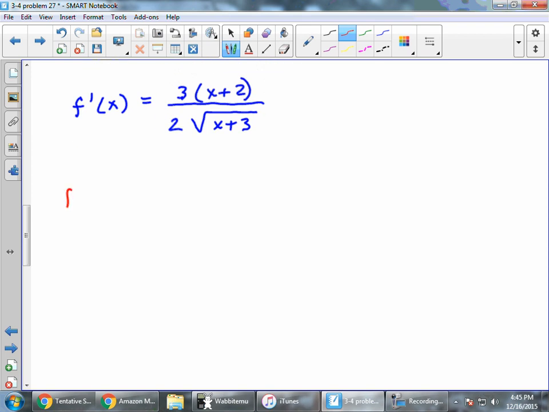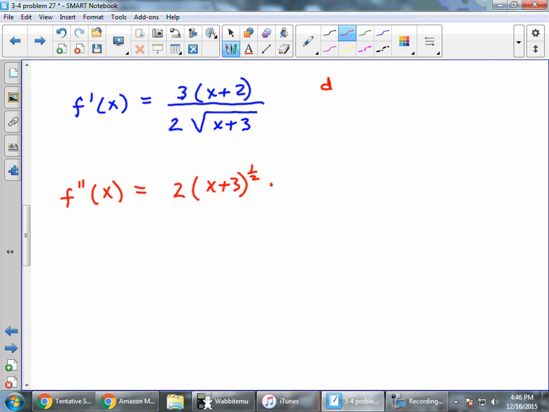Okay, so the second derivative now of x equals the denominator 2, and you can either express it as the square root of x plus 3 or x plus 3 to the 1/2, whichever you're more comfortable with. It really doesn't matter, times the derivative of the numerator.